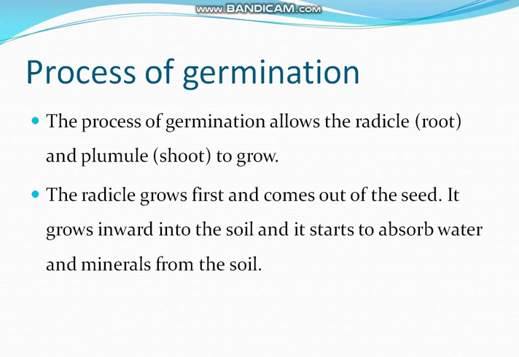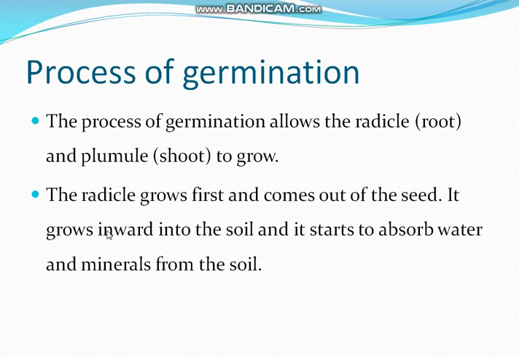The process of germination allows the radicle, that we studied is the young root, and the plumule, that is called the young shoot, to grow. The radicle grows first and comes out of the seed.